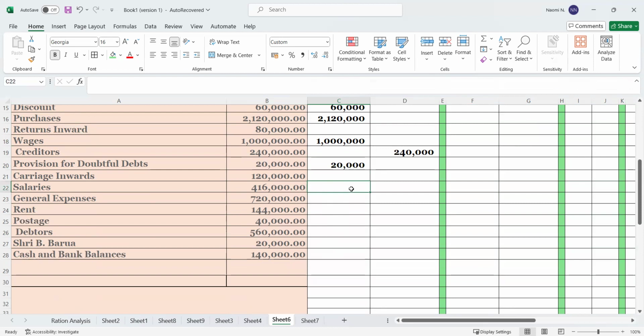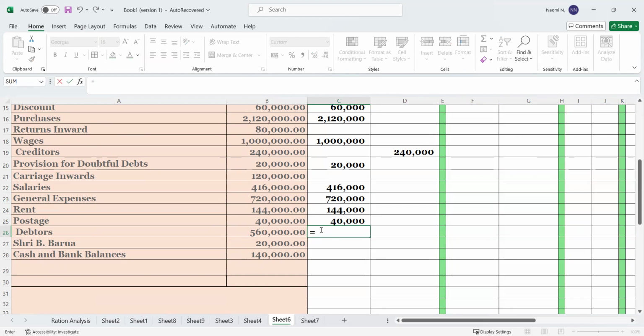Then we have salaries. It is an expense. General expenses, rent. Rent is an expense. Postage. It is an expense. Okay, it is a debit. I'm doing the debit, whatever has a debit entry.